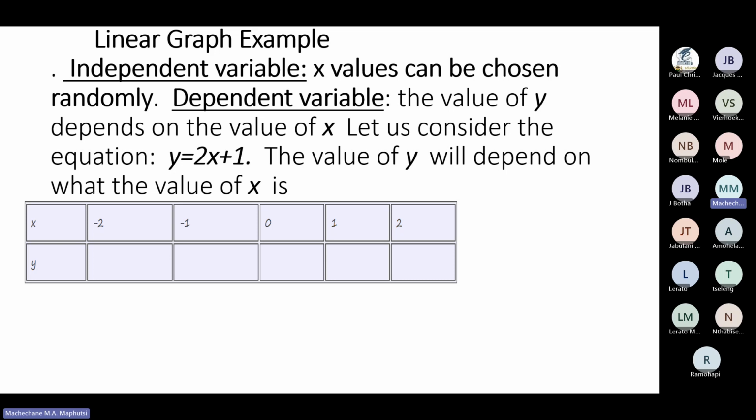As you can see, the empty spaces there, the y values, we call them the dependent variable. And this dependent variable depends on the value of x. So now let's consider this equation y equals 2x plus 1. Like I indicated, the value of y will depend on what the value of x is.